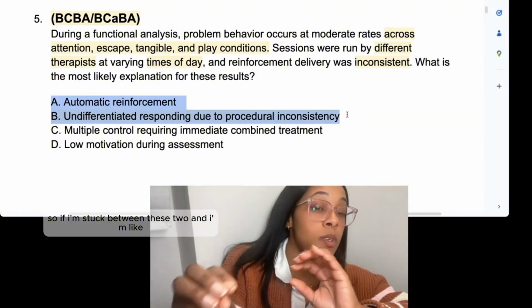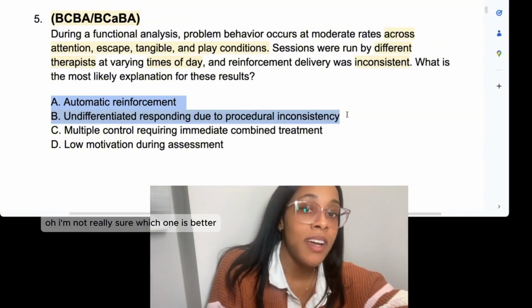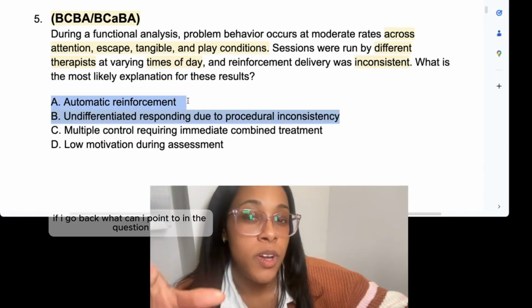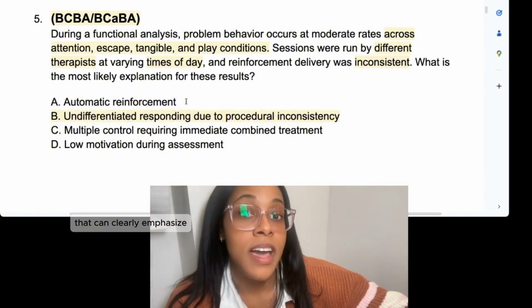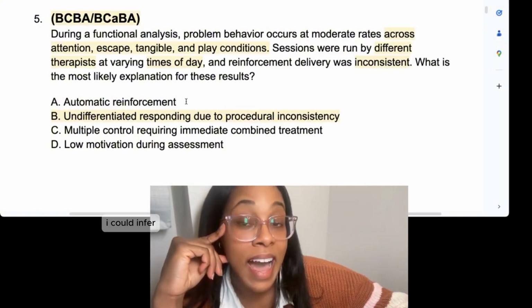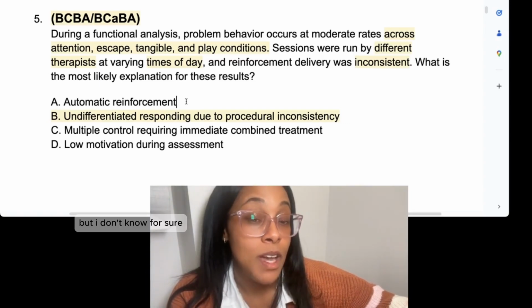So if I'm stuck between these two and not sure which is better, I go back and ask what I can point to in the question that clearly shows automatic reinforcement. I could infer, but I don't know for sure.